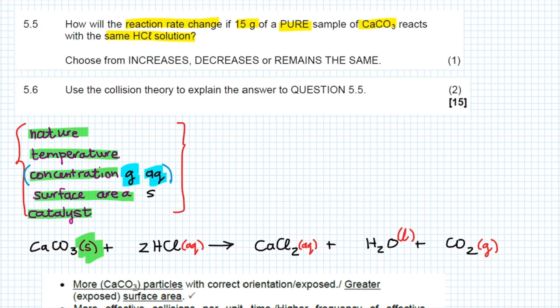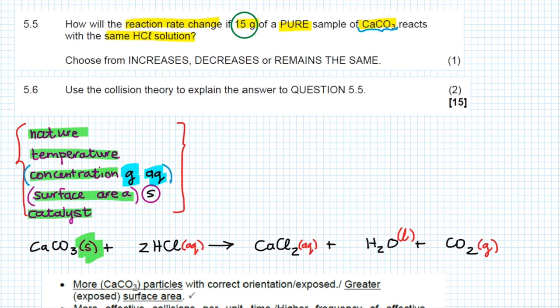When we add 15 grams of calcium carbonate instead of the original 12,375 grams, what we are doing is adding more calcium carbonate. And if we add more calcium carbonate, then we are increasing the surface area of the solid.